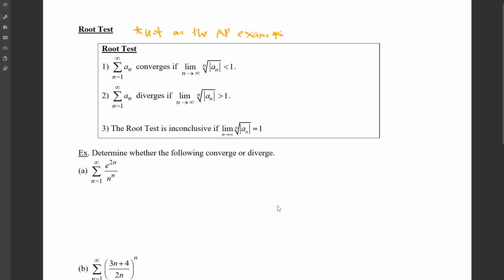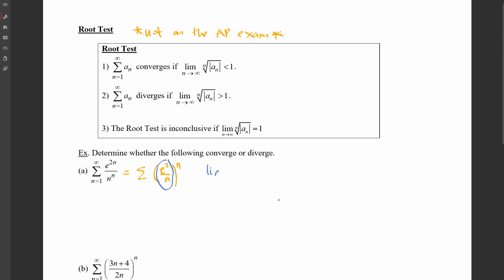So let's look at the first problem. What you want to do with the root test is find that things are raised to the nth power. Okay, so I'm going to change this to e squared over n raised to the nth power. And the root test says if I take the nth root of this, then I get this root back.